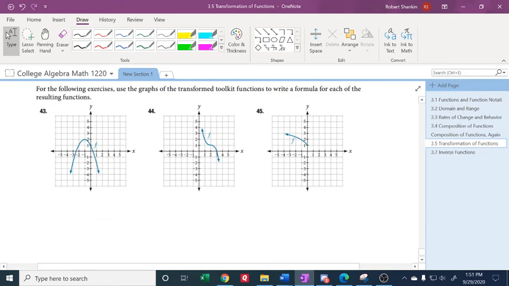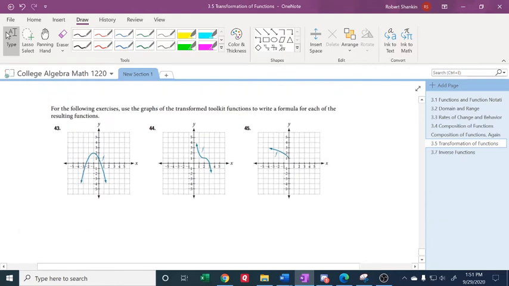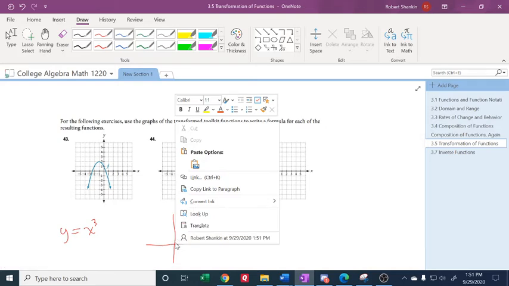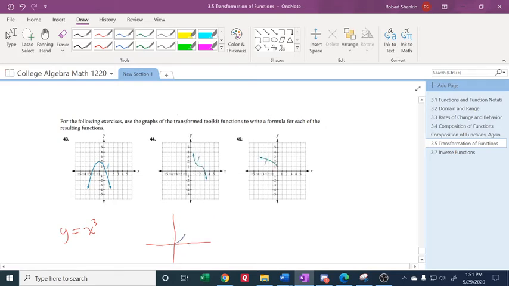So what they're counting on you knowing, and they're assuming that you know this, is that y equals x cubed looks like this. It goes up faster than y equals x squared to the right. But to the left, it comes down slower.